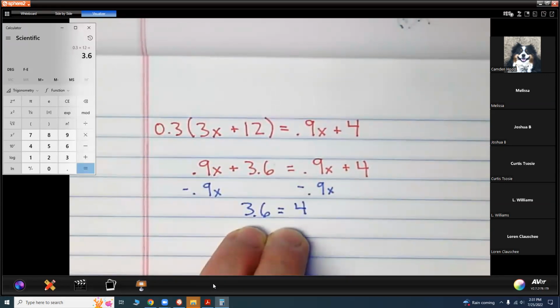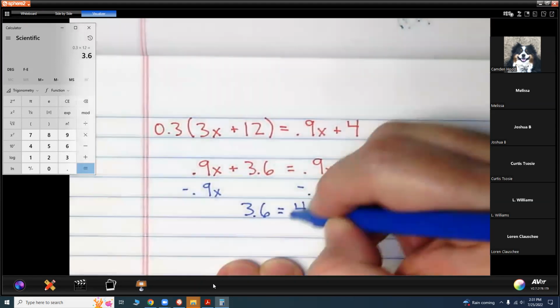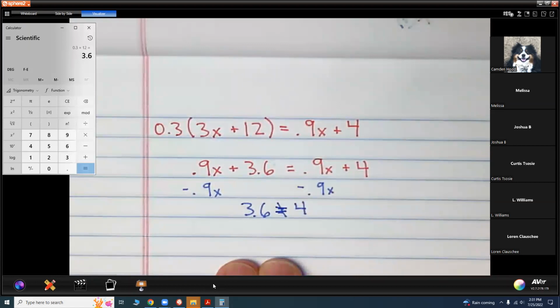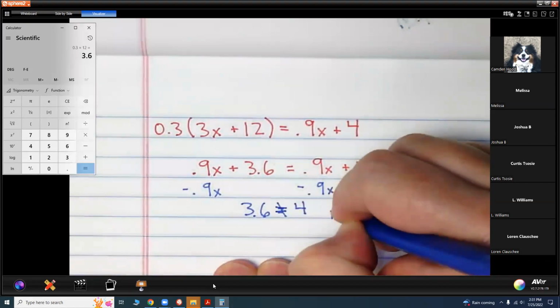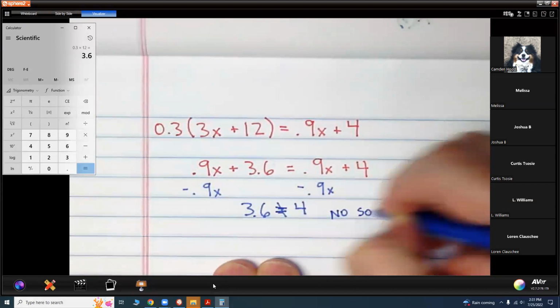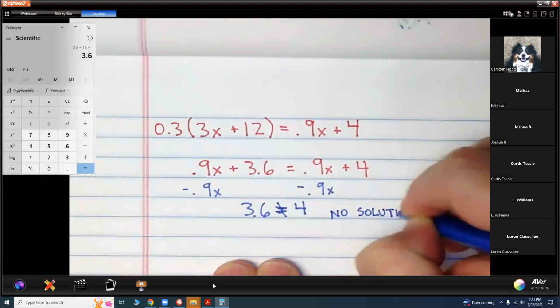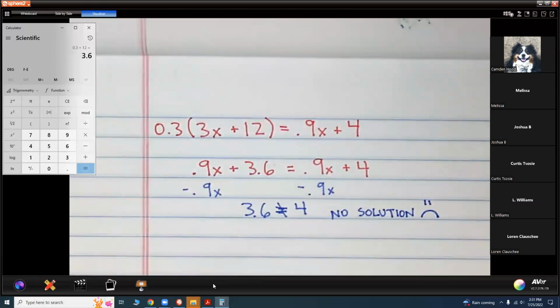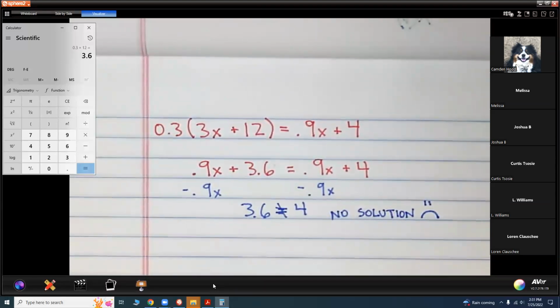Is 3.6 equal to 4? So what does it mean if I have an untrue statement? Yep. Okay, does everyone see how that works, hopefully?